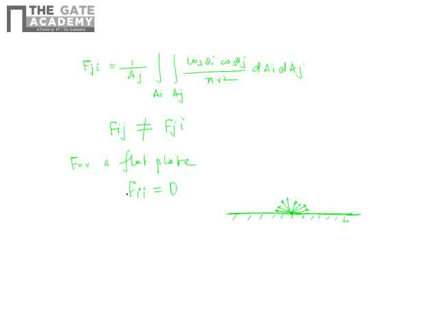So the view factor of a flat surface with itself is equal to 0. Similarly, for a convex surface, Fii is equal to 0.